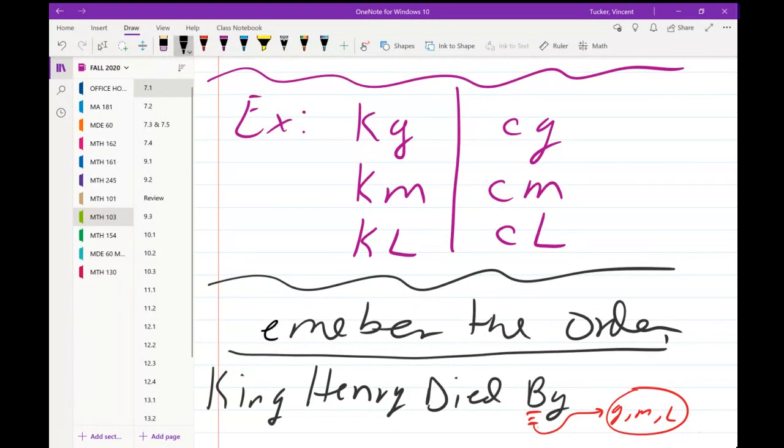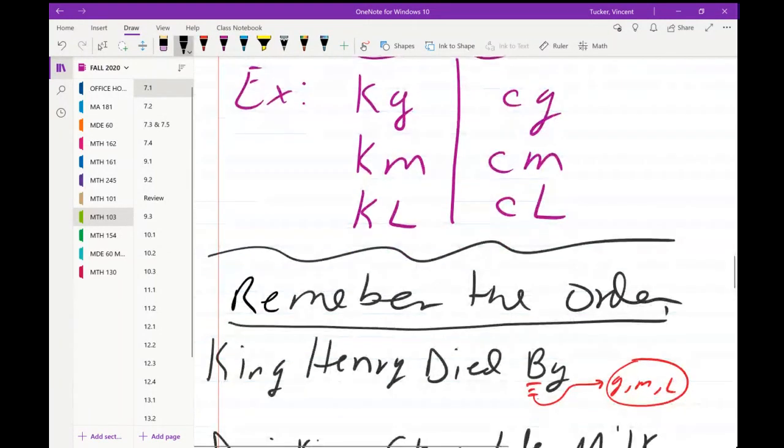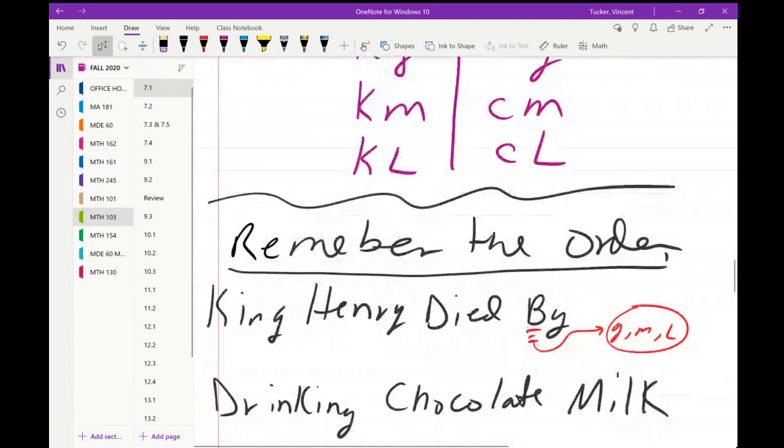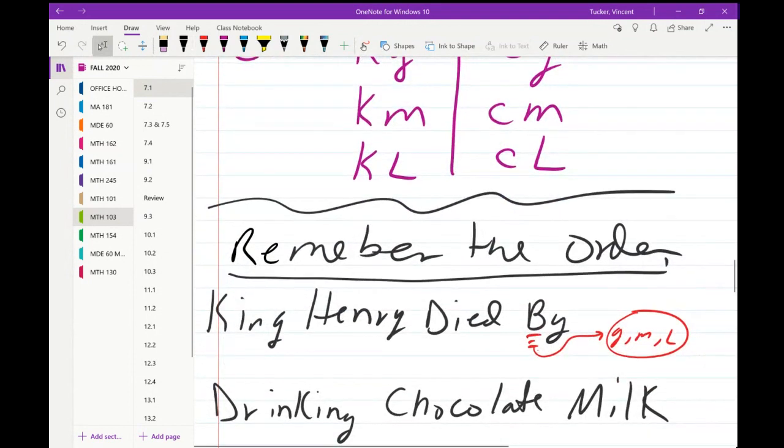The way you can remember the order is the phrase: King Henry died by drinking chocolate milk. So K for kilo, H for hecto, D for deca. B is going to be either one of your bases, so G, M, or L, depending on what you're measuring. D for deci, C for centi, and then M for milli.